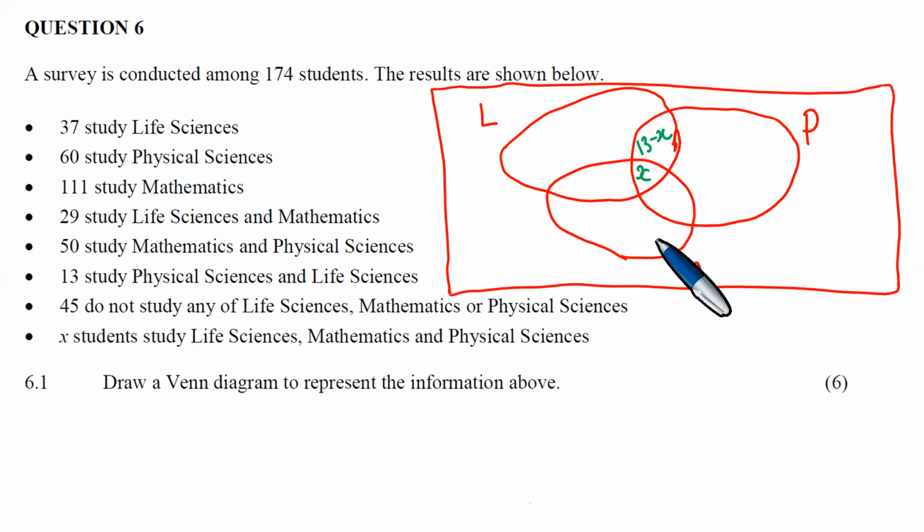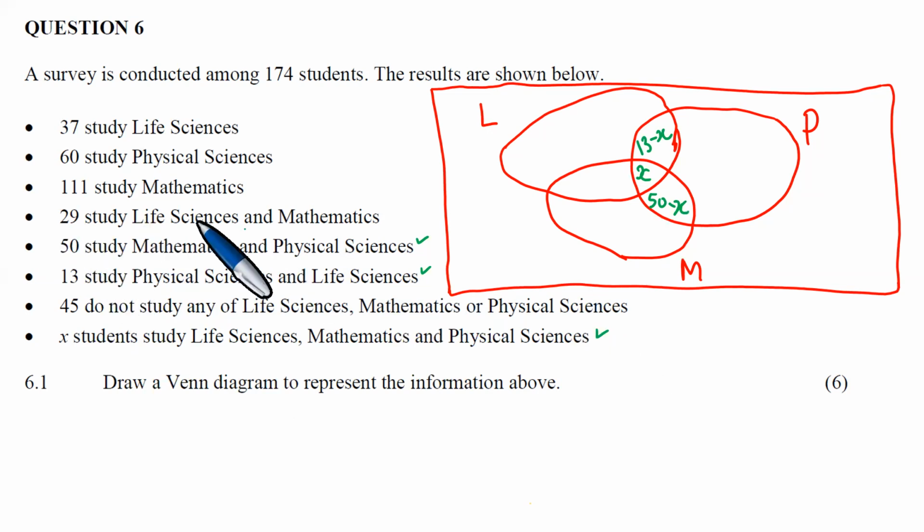You already have X here, which means it must be 50 minus X, because when you add 50 minus X and X, you get 50. So that you have 50 study mathematics and physical sciences. We're done with the 13, we're done with the X, and we shall look at the 45 later.